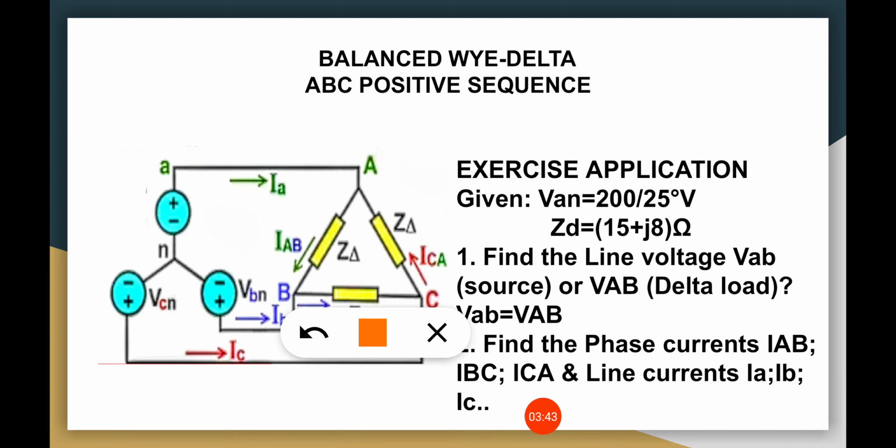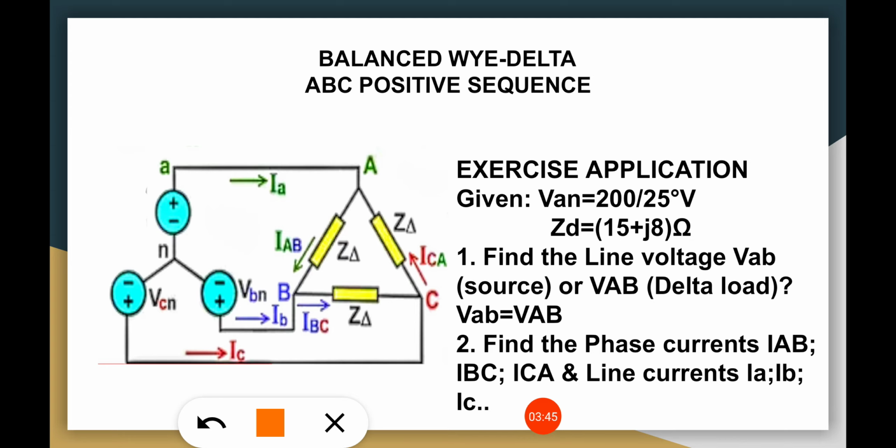Okay, we are given VAN, which is equal to 200 at 25 degrees phase angle, and the delta impedance, which is 15 plus J8.